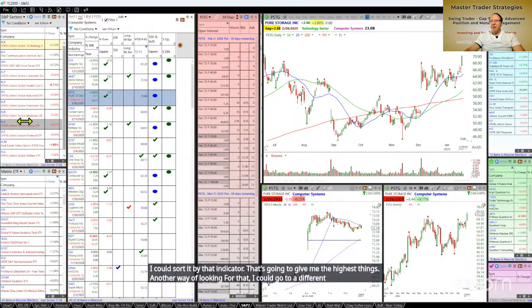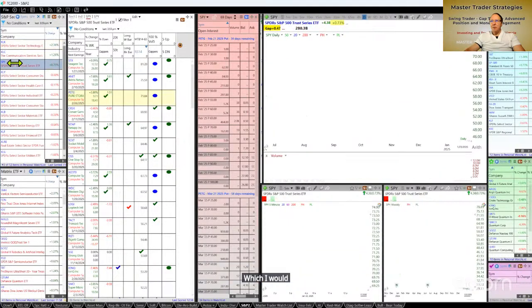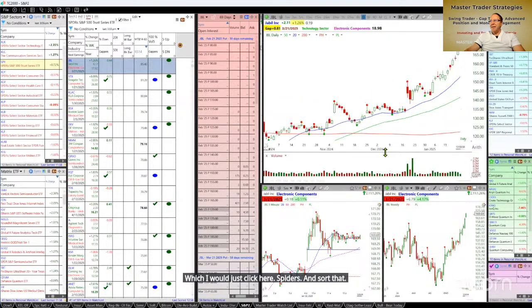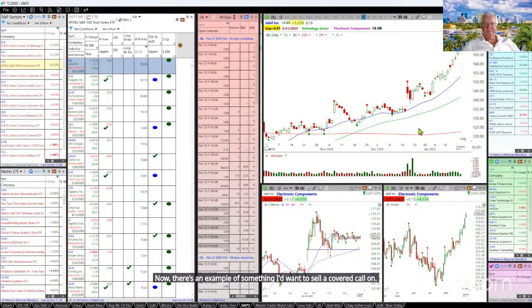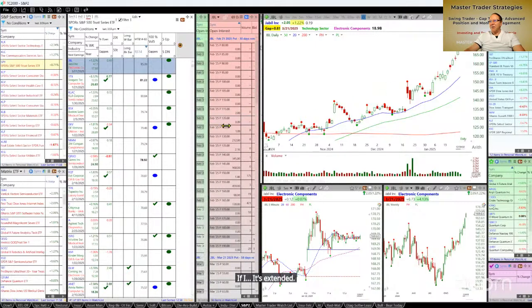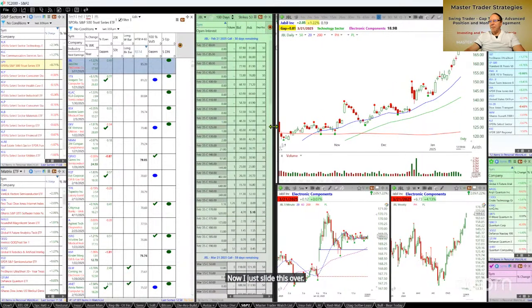If I look at S&P stocks, which I would just click here, spiders, and sort that, there's an example of something I'd want to sell a covered call on without a doubt. It's extended. Now I just slide this over and look at call options.